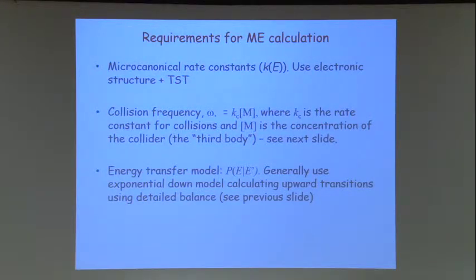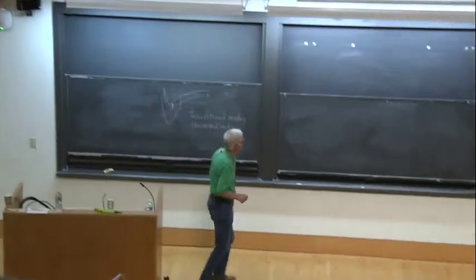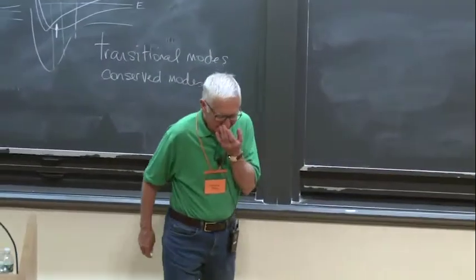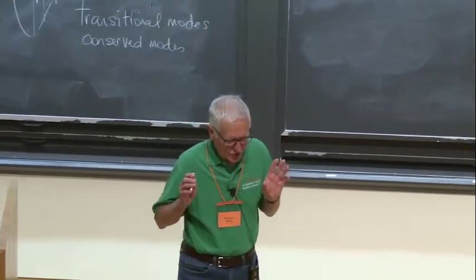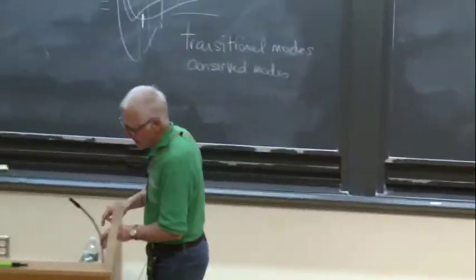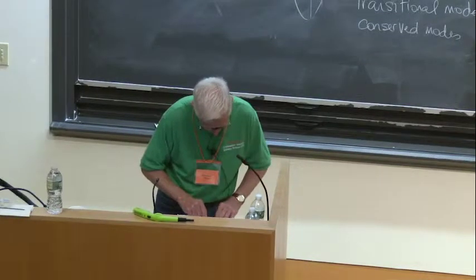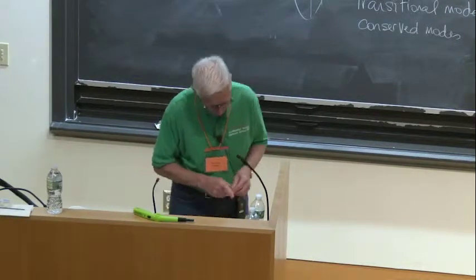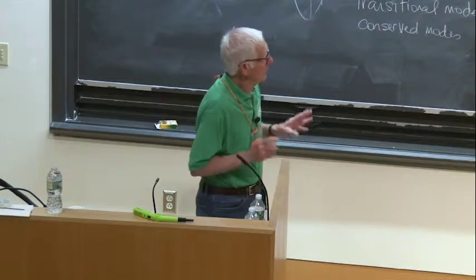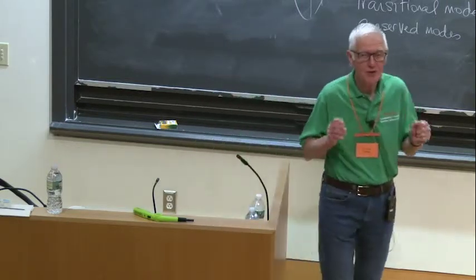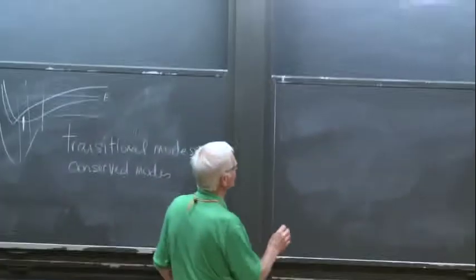Now, before we have our questions, just let me try to emphasize the difference between a rate and a rate constant and a frequency, because people use them almost interchangeably.